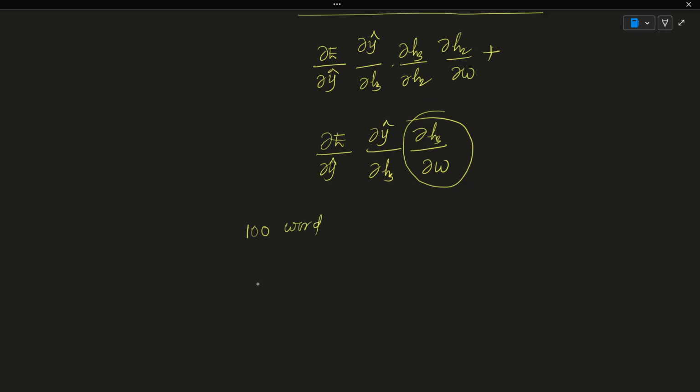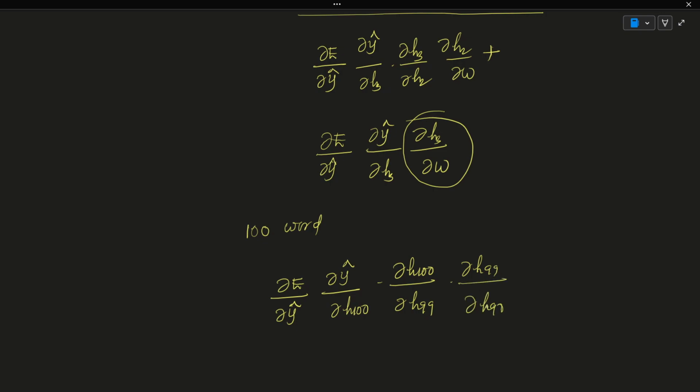What will be the longest term? ∂E/∂Ŷ, ∂Ŷ/∂H100, then ∂H100/∂H99, ∂H99/∂H98, and so on, ∂H2/∂H1 into ∂H1/∂W.